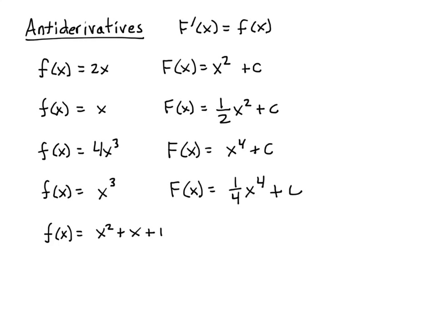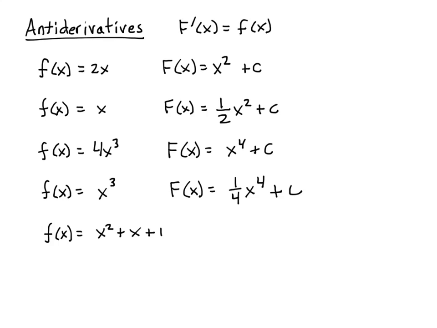So when we have a polynomial like x squared plus x plus 1, we'll have the same thing that we had before, where the antiderivative of a sum of functions is the sum of the antiderivatives, or you can take the derivative of the sum and get our original polynomial. So we can find the antiderivative term by term.